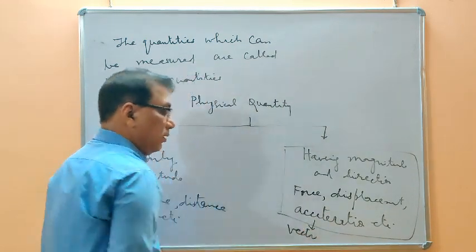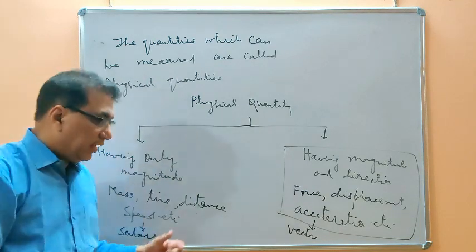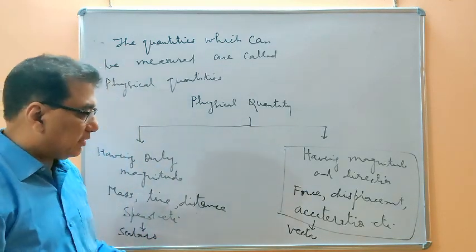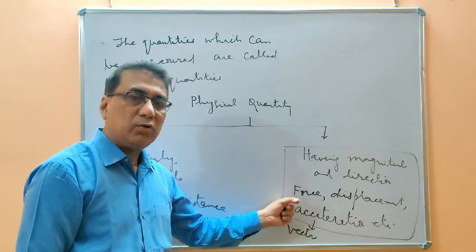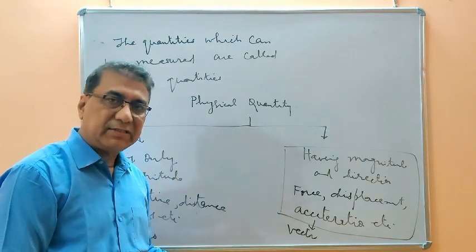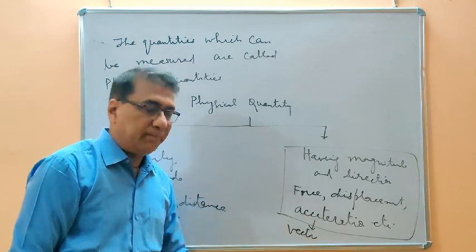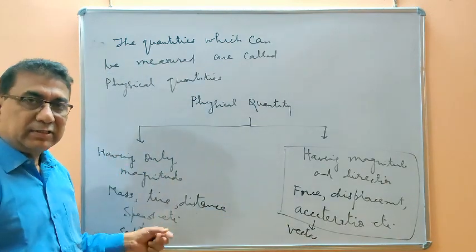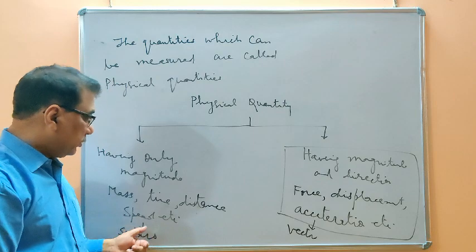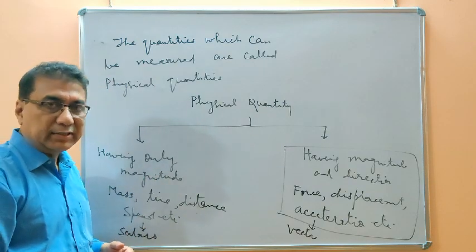So finally we get the definition of vector: those physical quantities which have direction as well as magnitude are called vectors, and those physical quantities which have only magnitude are called scalar quantities.